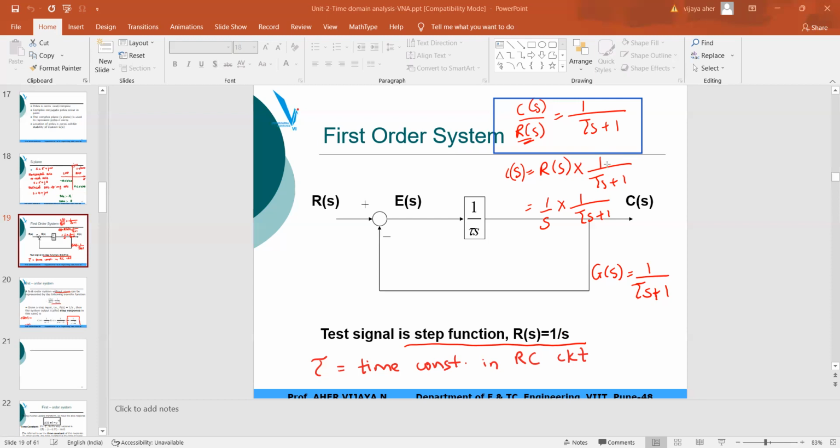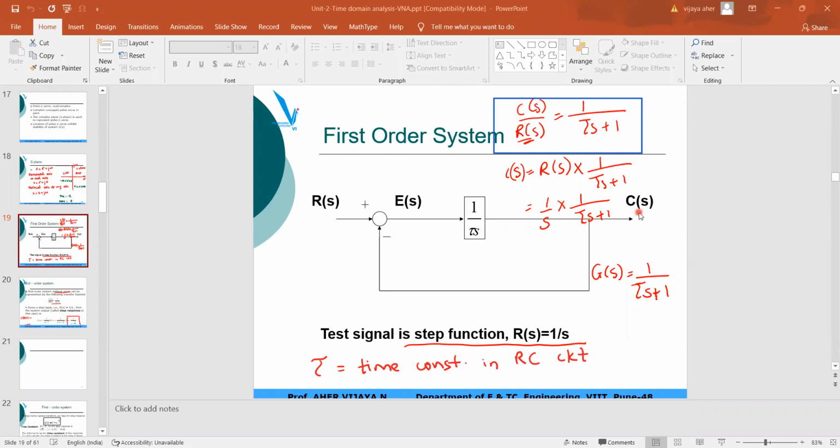So R of s into 1 divided by tau s plus 1. For unit step function, C of s is equal to 1 divided by s into 1 divided by tau s plus 1. So this is the response, this is the output. Multiply, and you will get 1 divided by tau into s square plus s.